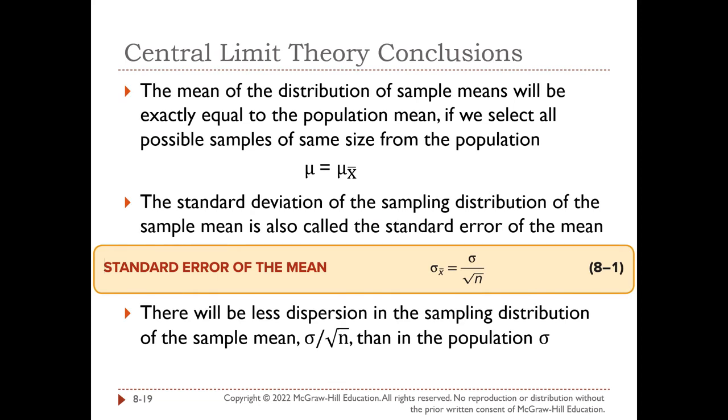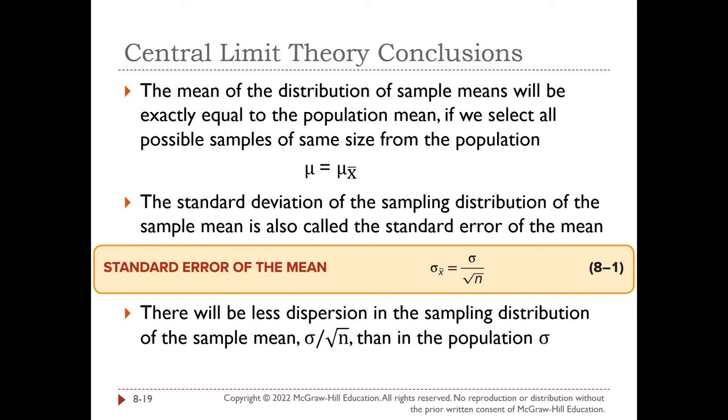So, conclusions. The mean of the distribution of sample means will be exactly equal to the population mean if we select all possible samples of the same size from the population. The standard deviation of the sampling distribution of the sample mean is also the standard error of the mean, giving us this lovely formula: sigma x bar equals sigma divided by the square root of n.